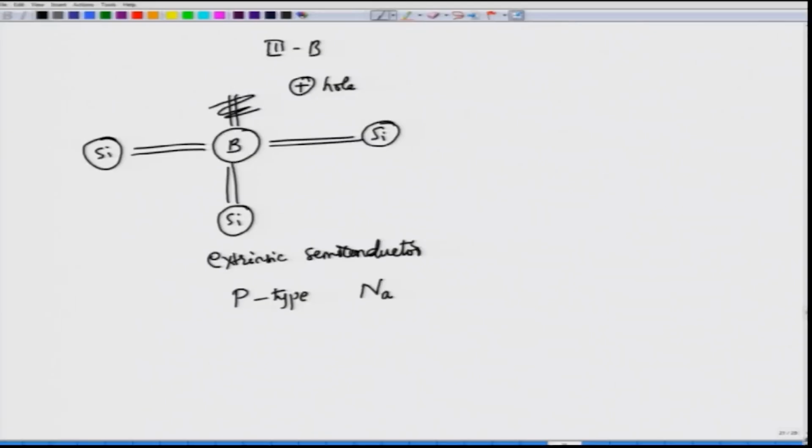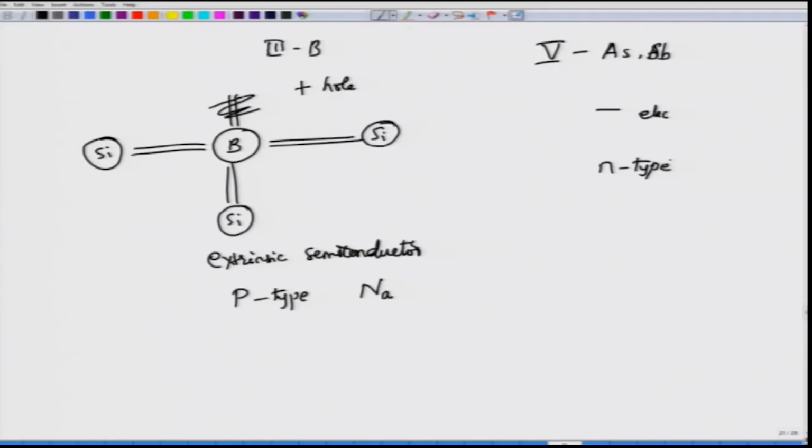Therefore, substituting a few silicon atoms with group 3 elements will result in a lot of holes. Similarly, substituting them with group 5 elements such as arsenic or antimony will result in an excess of electrons, which will contribute to conduction. So, while group 3 contributes a lot of holes, a group 5 element contributes a lot of electrons, and the material will be called N type material.